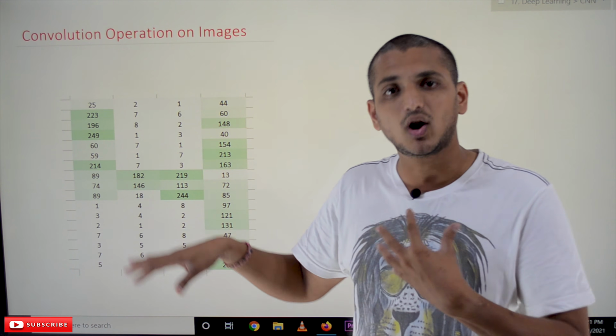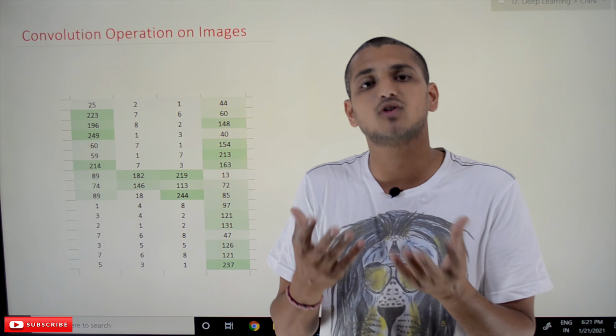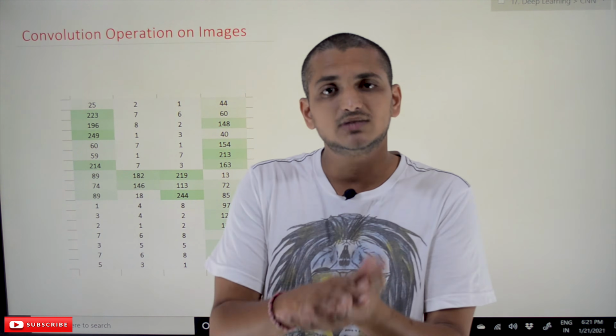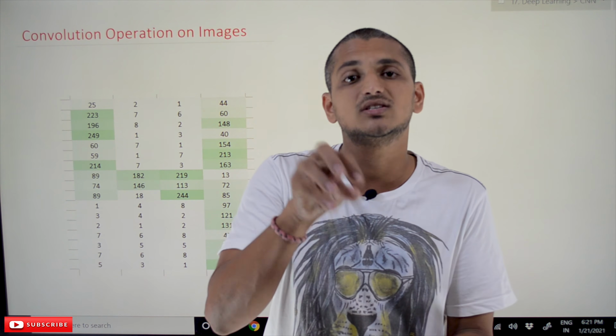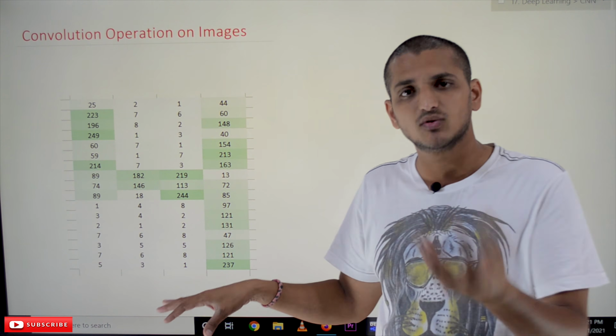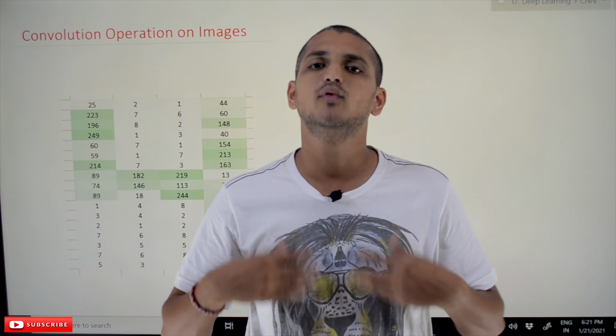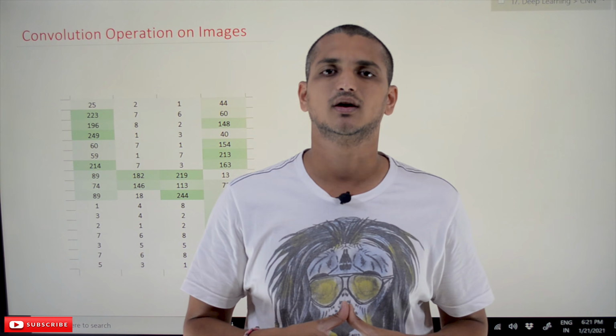If the same thing that we have done by looking at this image is done in our convolutional neural network, it means we have to extract the features that are present in the image. If we have done that, then we can easily identify what is in the image. That is what we will do in a convolutional neural network. How to extract these features, we will understand in our coming classes.